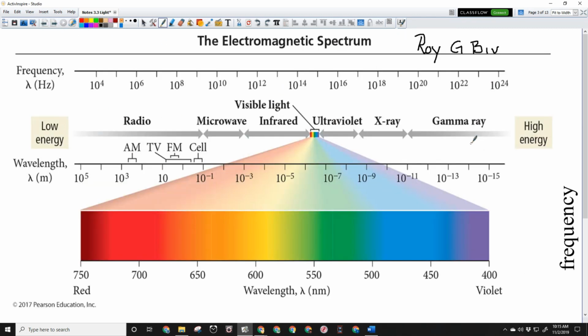But if we look at it on the electromagnetic spectrum that corresponds to energies, red is going to be low energy, where purple is going to be high energy. So the higher energy, the more towards the purple end it's going to be. The lower energy, more towards the red end.